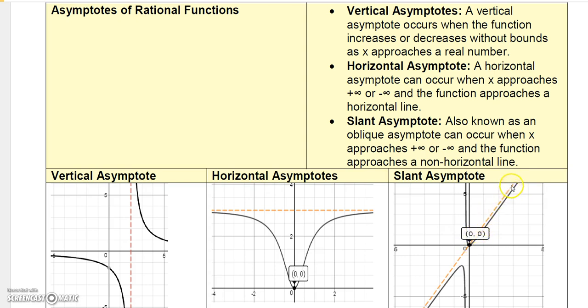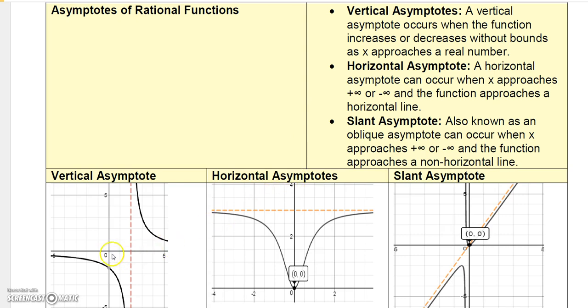And that slanted line is called the slant asymptote. So those are the three types of asymptotes. And by the way, as x goes to negative infinity, the graph gets closer and closer to that same slant asymptote. So these are the three types of asymptotes that you would have in a rational function.